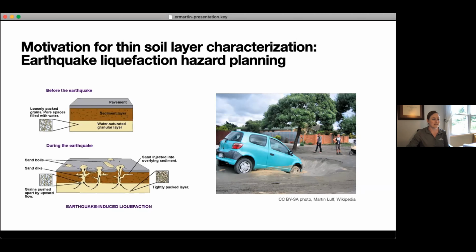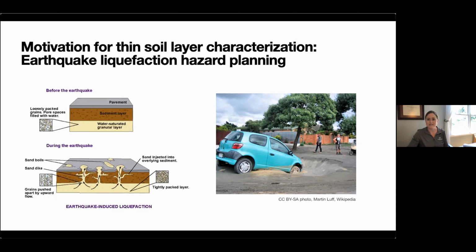Sometimes it shows up as sand boils at the surface, and it's especially dangerous if you have infrastructure or structures built on top. One location where this has been a major issue is Christchurch, New Zealand, and that's part of the data we're now analyzing with the methods we've developed.